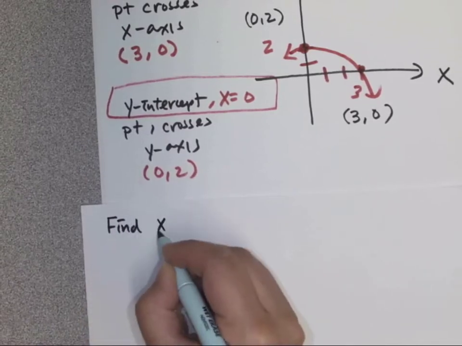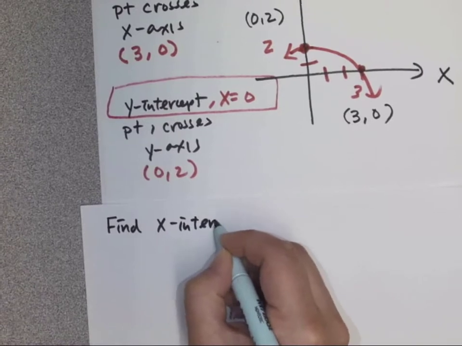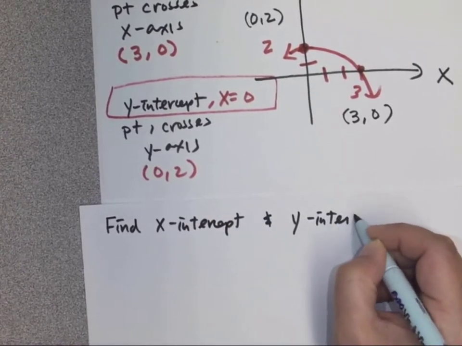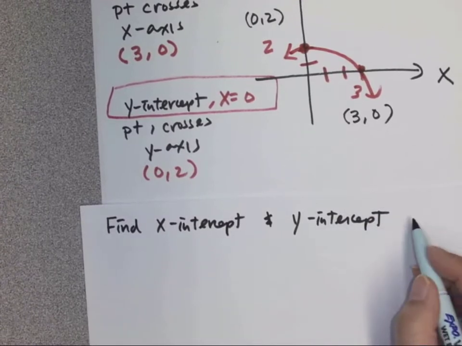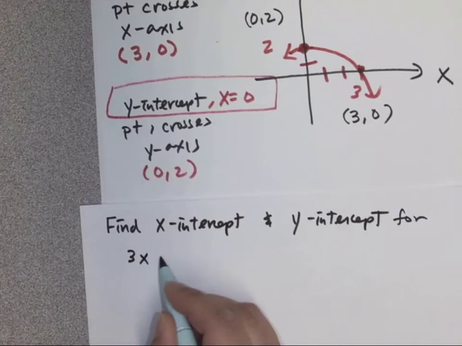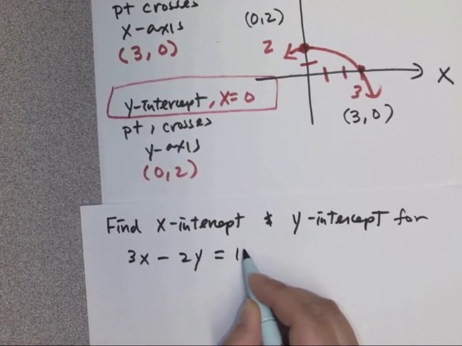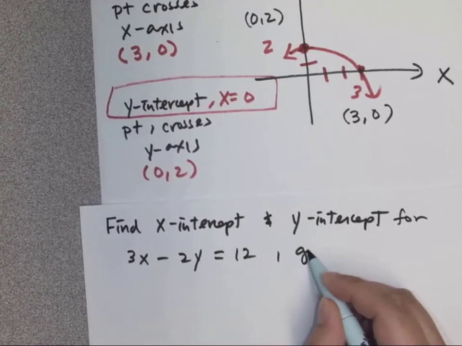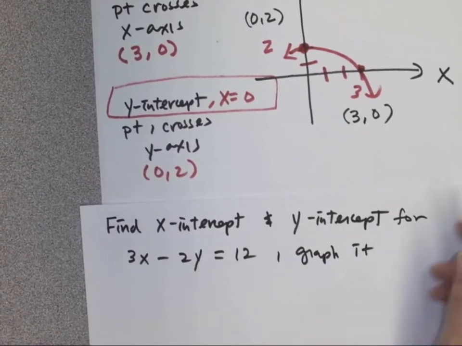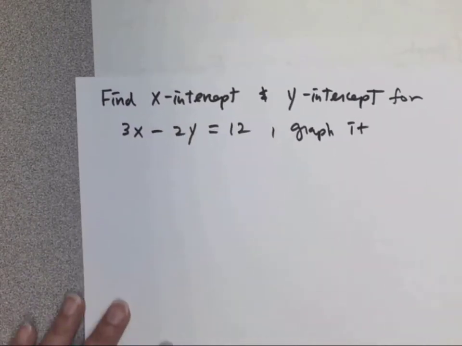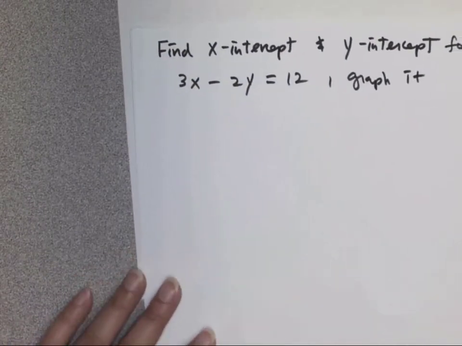So they want you to find the x-intercept and y-intercept for this function, 3x minus 2y equals 12, and then graph it. Basically we will use our x and y intercept points to graph the picture.